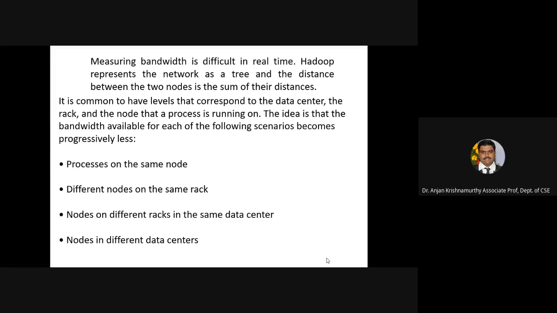Now you come to the third scenario, in which the nodes are in different racks of the same data center. Now this is a tricky scenario. The reason is that the racks may be connected with different kinds of network fabrics. It may be Ethernet, it may be InfiniBand. Usually what happens is that rack-to-rack communication happens over Ethernet, right?